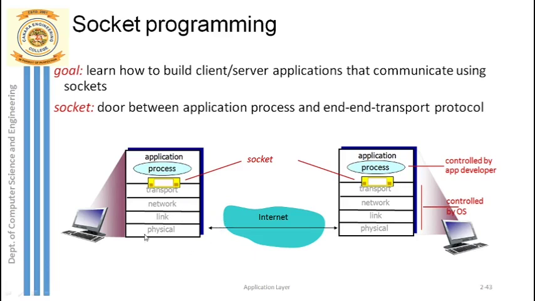Assume this is an apartment A, which is in say Udupi. This is an apartment B, which is in Mangalore. Now in the Udupi apartment, say there are many people.